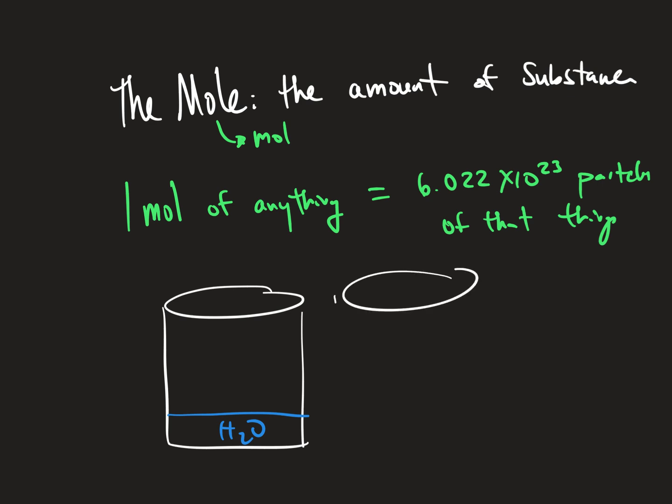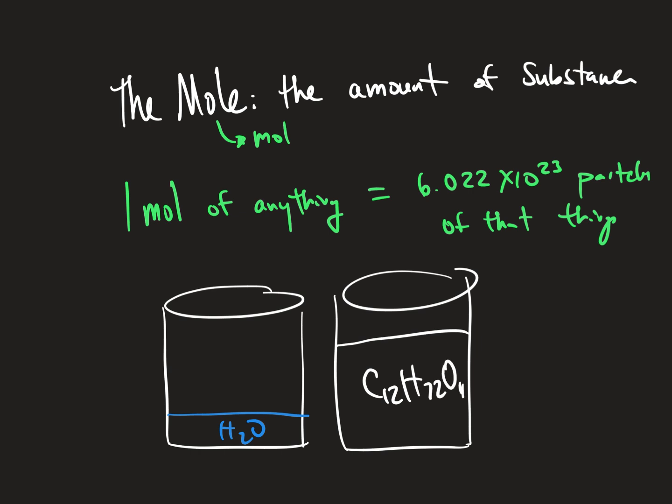If we take a container the same size and put sugar in it, then it's about that much sugar. Well, that's weird. Why is that? Because sugar molecules are bigger. So it's going to fill more, yeah? But that's still 1 mole.